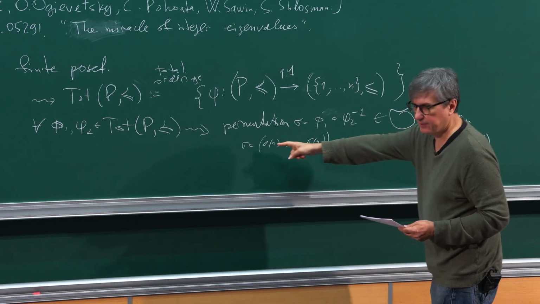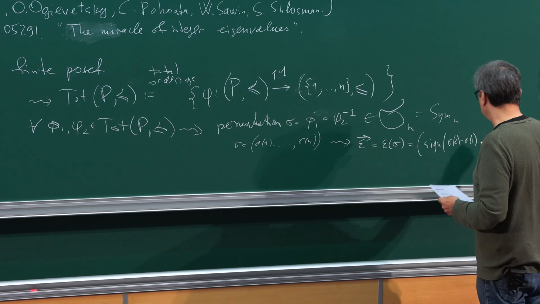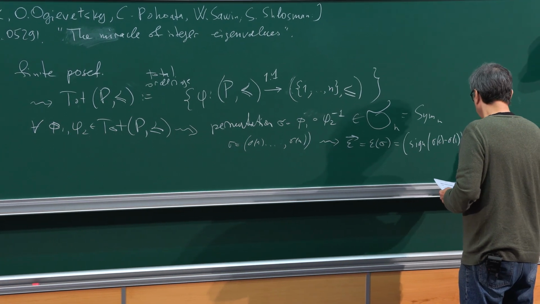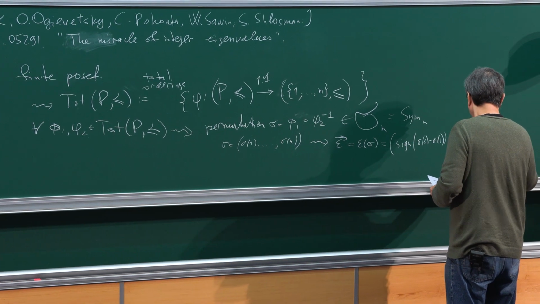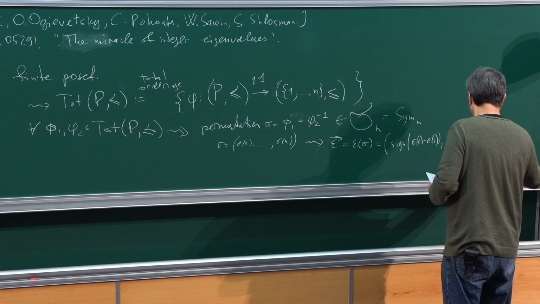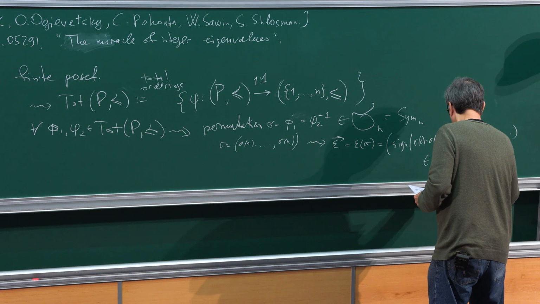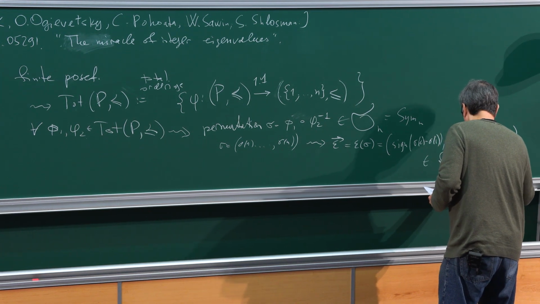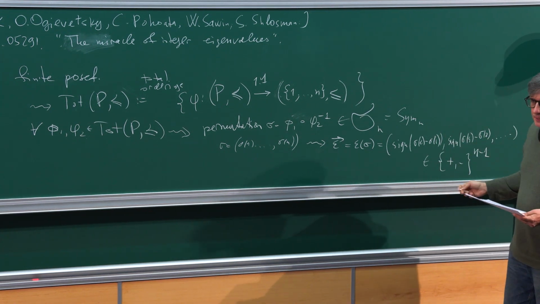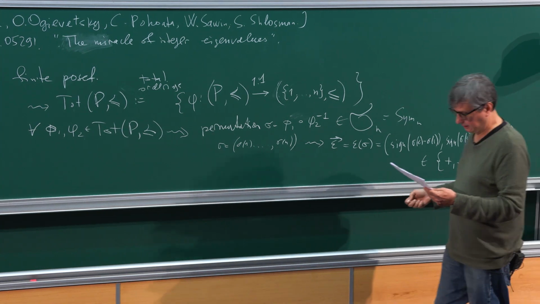Check whether sigma 2 is bigger or less than sigma 1, sigma 3 than sigma 2, and so on. So it is a sequence of signs, plus or minus, to the power n minus 1, because you get n minus 1 pairs.